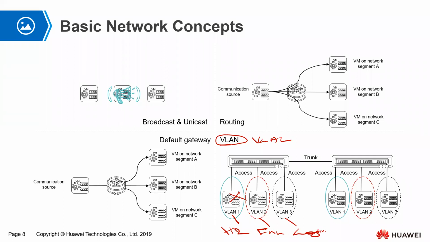Okay, so usually in VLAN networking, the packet is added with a 4-byte header, and it is usually a tagged packet. It is tagged with the VLAN ID for us to be able to identify that this is a packet from a VLAN and that it is supposed to be going to this VLAN.